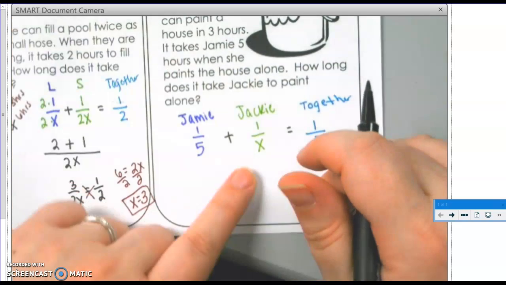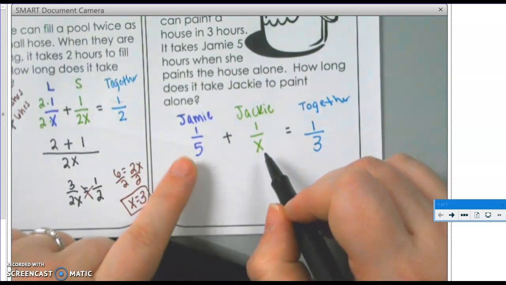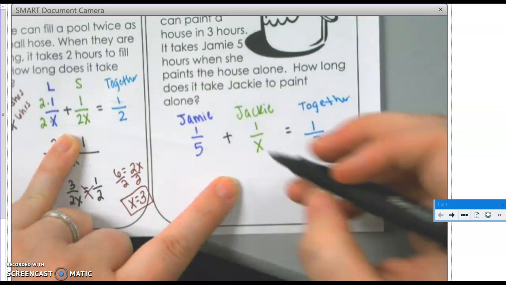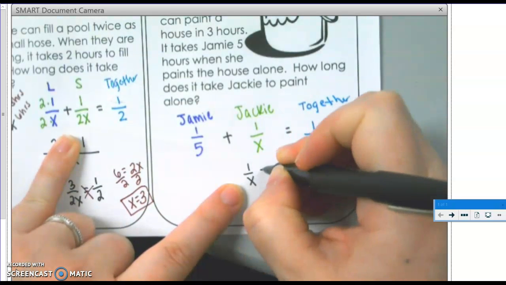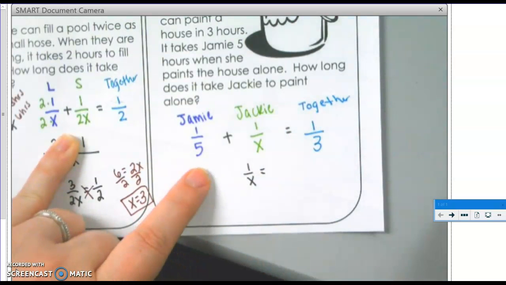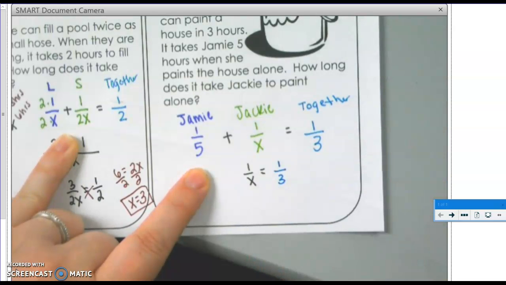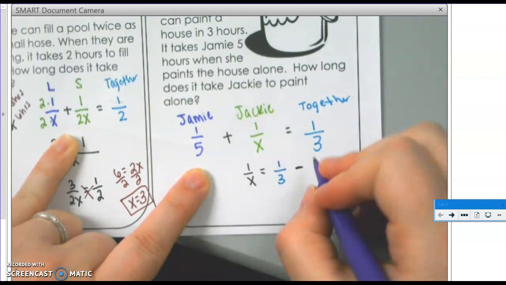So in this case, we're solving for a part that is being added. So we're going to have to subtract that to the other side. So we're going to leave the 1 over X alone. But on this side, I'm going to need to take that 1/3 and subtract Jamie's amount.